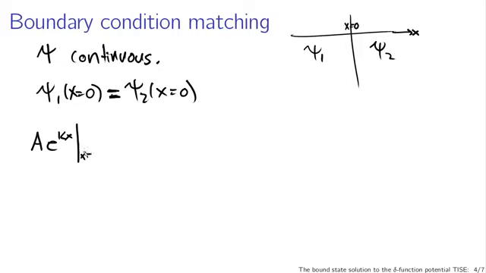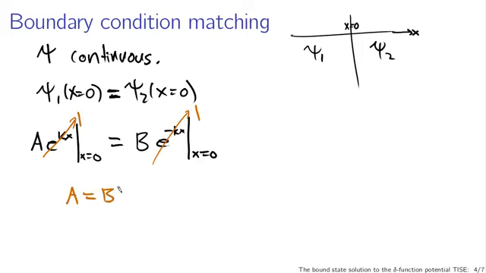If I'm evaluating that at x equals 0, I have to get something equal to b times e to the minus kx evaluated at x equals 0. Now when I evaluate the exponential parts at x equals 0, I'm substituting 0 in the exponent. Anything to the 0 is 1. So both of these terms become 1, and I'm just left with a equals b. That helps a lot, but it doesn't tell us everything.